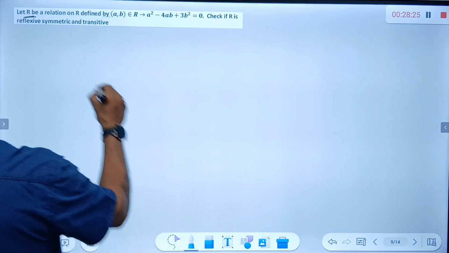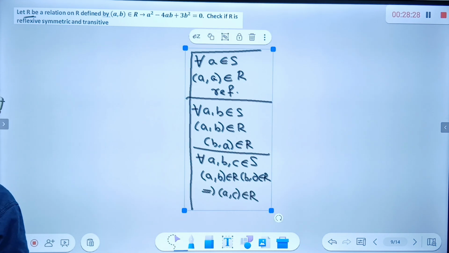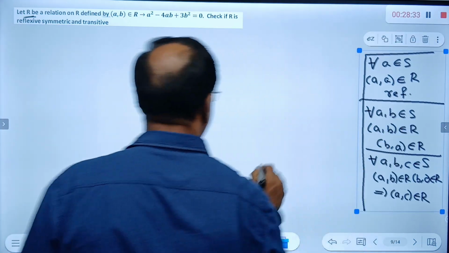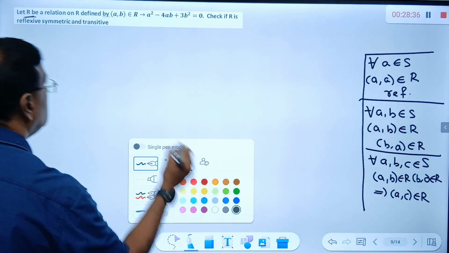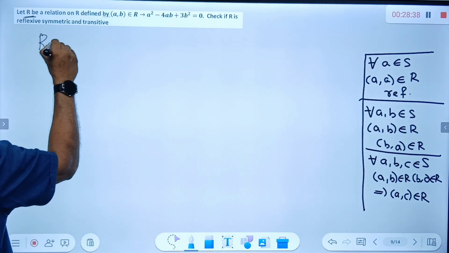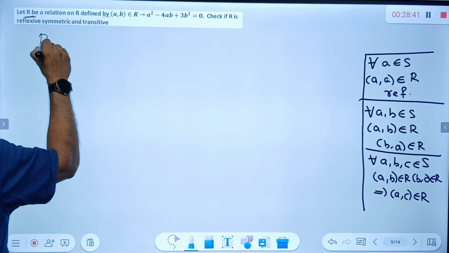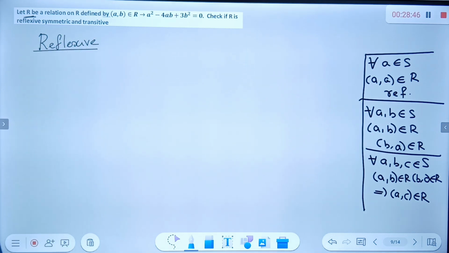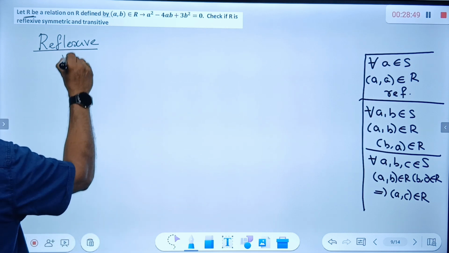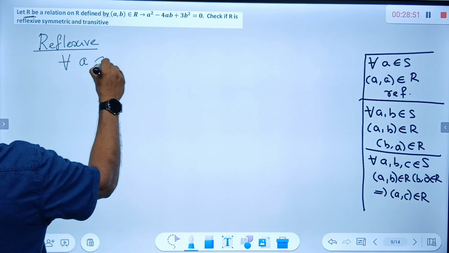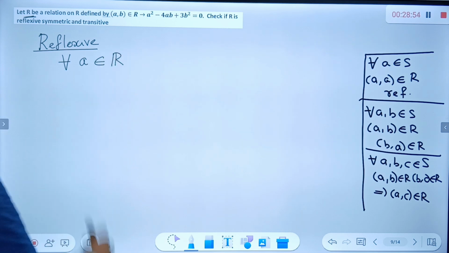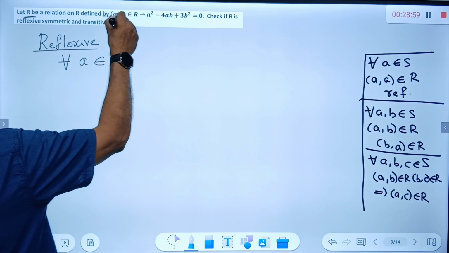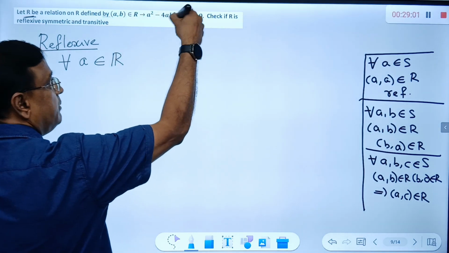Now let's talk about reflexive. Before that, let's see the definition. These are my definitions, so I'll keep them here. Reflexive means I should choose one element, for every a belonging to the real numbers, and verify whether (a, a) belongs to R. So wherever (a, b) is there, replace it by a.